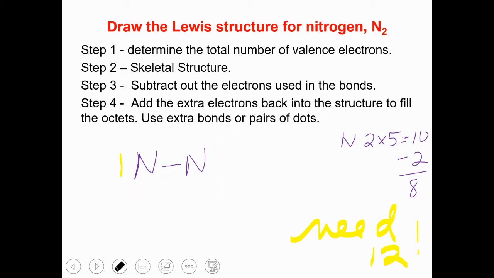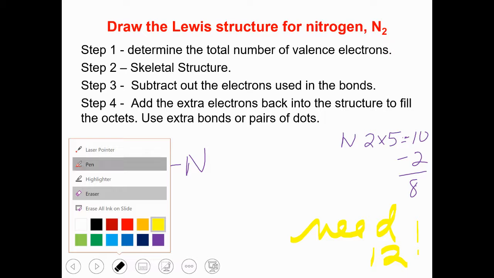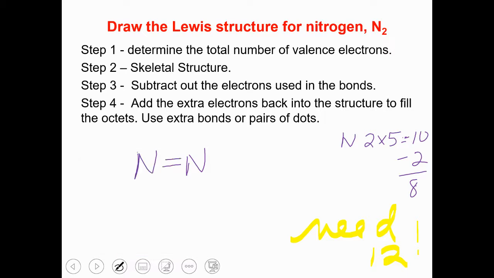So if I have 4, think about that. I'm going to add 2 more bonds, 1, 2, okay? So instead of 8, now I have to subtract out those other 2 bonds that I added, and I only have 4 more electrons. Well, that's okay because each nitrogen atom now has 6 in the outer shell.